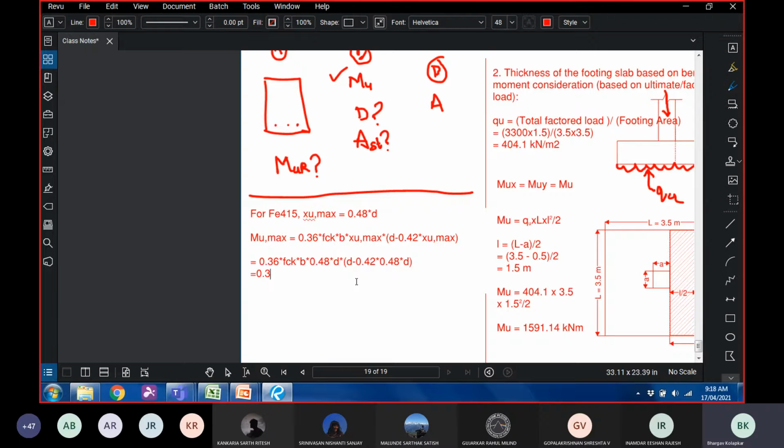So this is equal to 0.36 into FCK into whatever is the width, 0.48. We can bring D out from there, and it can be into D square, and then the only thing that is left is 1 minus 0.42 times 0.48.